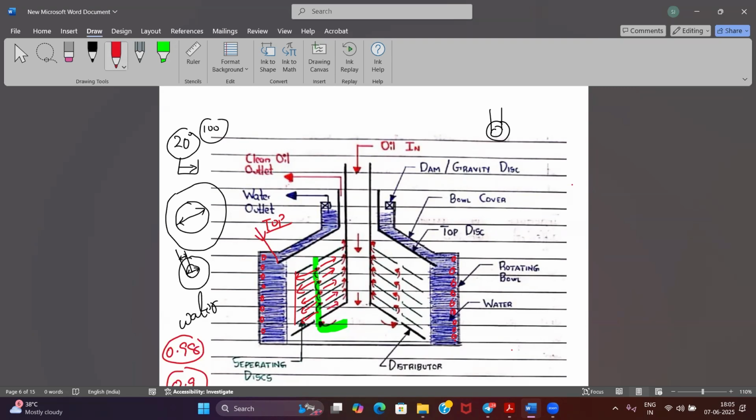Okay. Now, when this is pushed outward, you will have an interface between the oil and water. This complete part will be filled with oil. The blue color is water. So this is my interface.